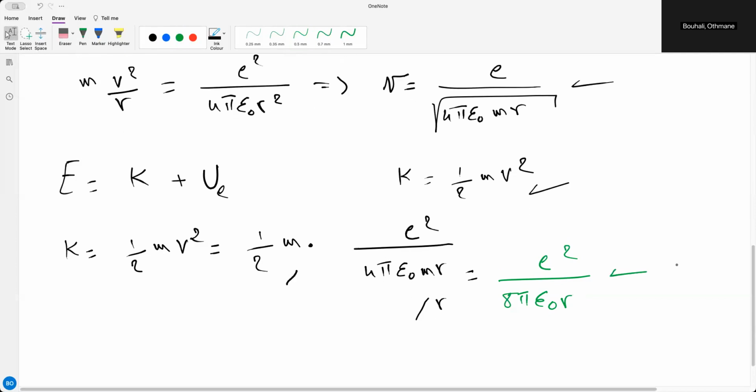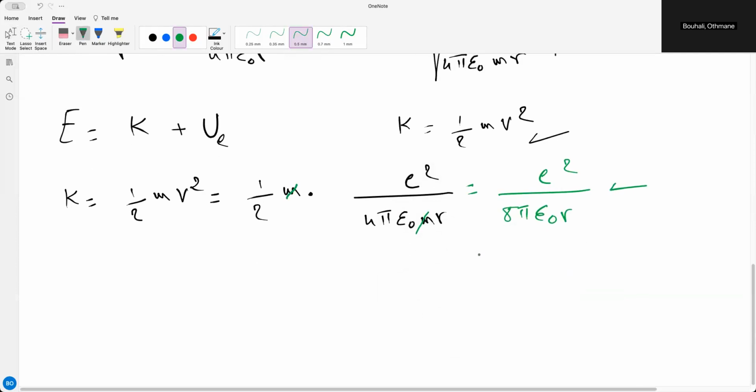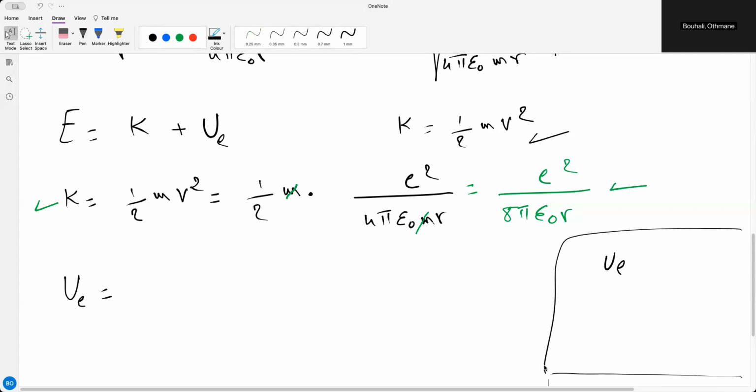Now, what about the potential energy? Well, the electrical potential energy between two charges, if you remember, let's say Q1 Q2 over 4 pi epsilon 0 R12, where R12 is the distance between the two charges.